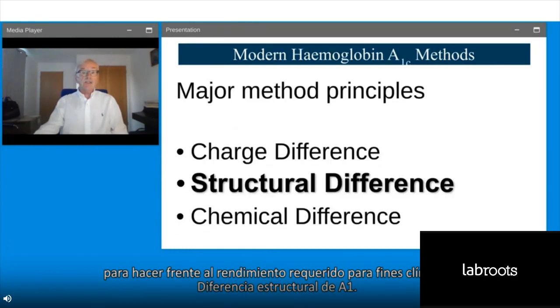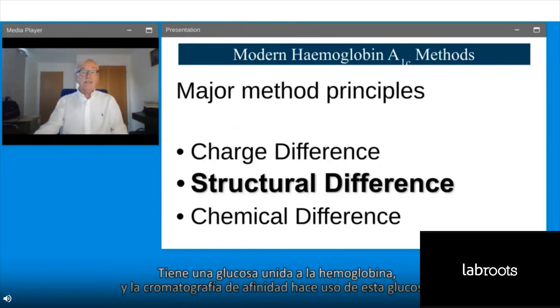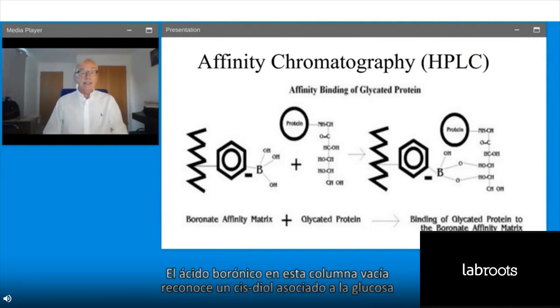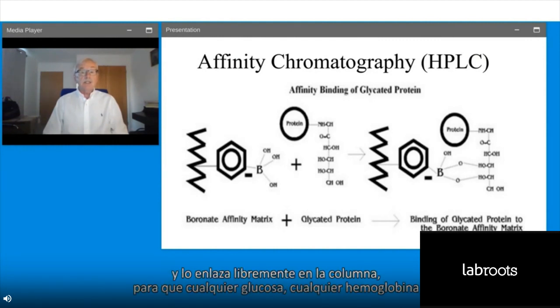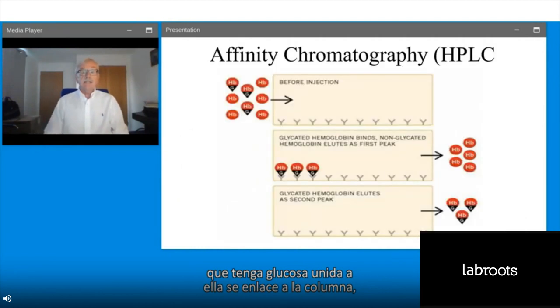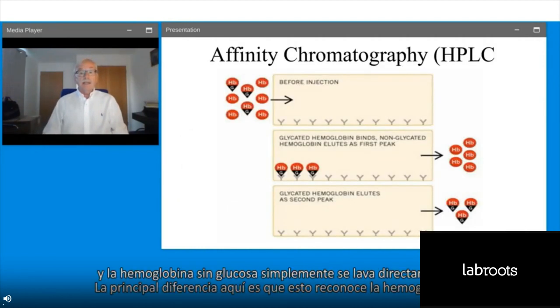Now on to the structural difference. There's a glucose attached to the hemoglobin, and affinity chromatography makes use of this glucose. The boronic acid on the affinity column recognizes the cis diol associated with glucose and loosely binds it on the column, so that any hemoglobin that has glucose attached to it will stick to the column, and hemoglobin without glucose just washes straight through.